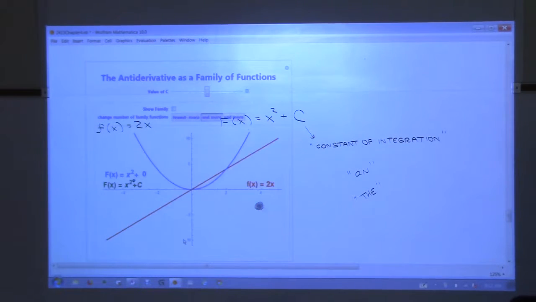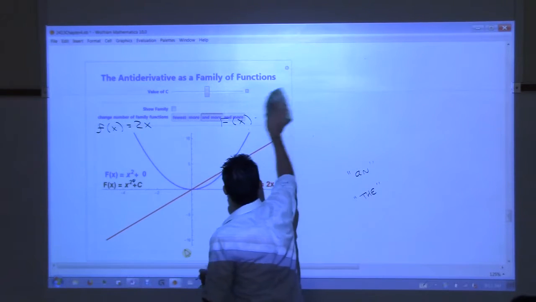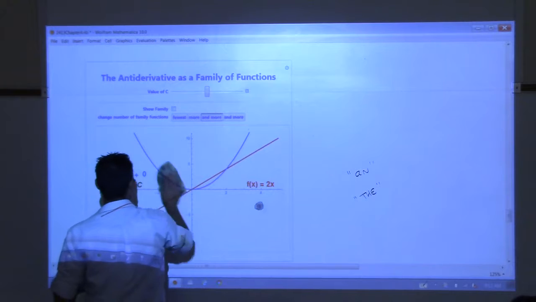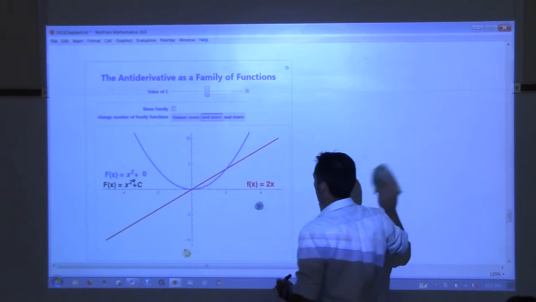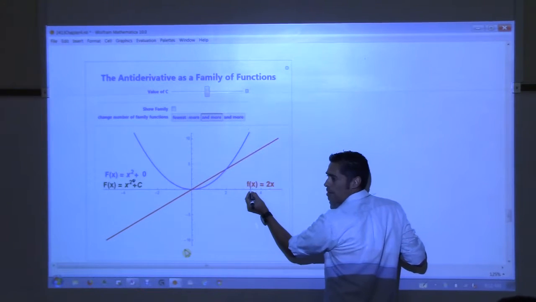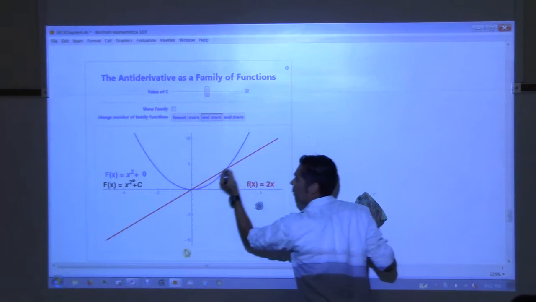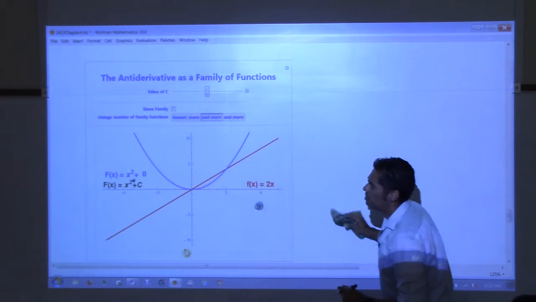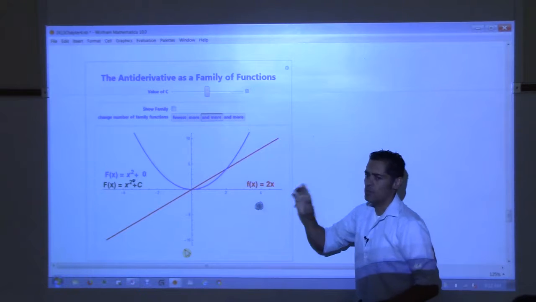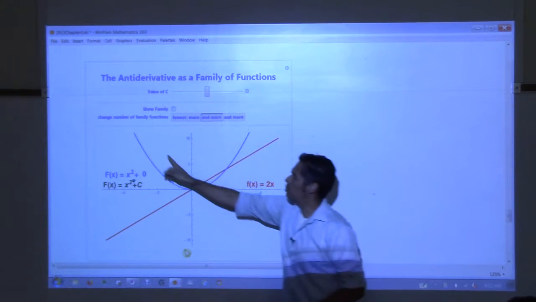Here's the exact example that I just gave you. We started out with little f, which was 2x. That's this red line. The first antiderivative that we found was just x squared, and it was this parabola right here.